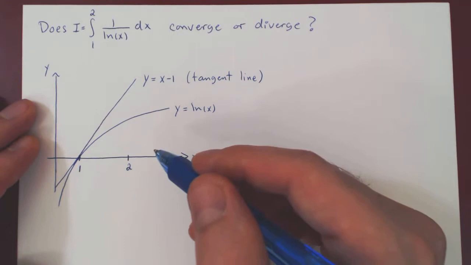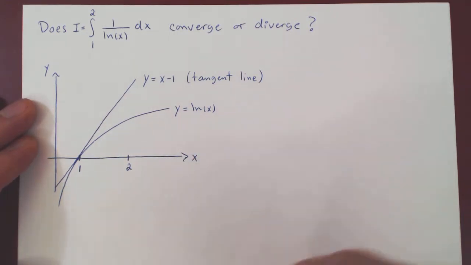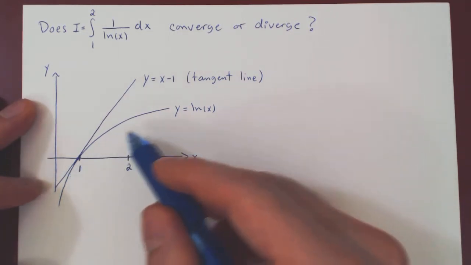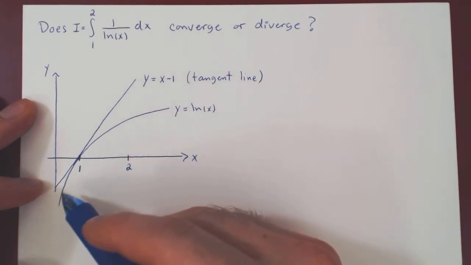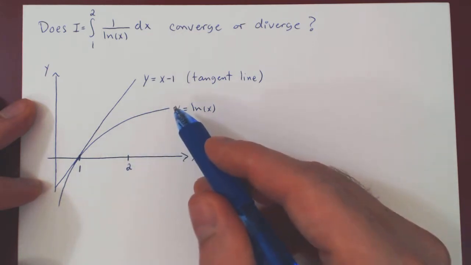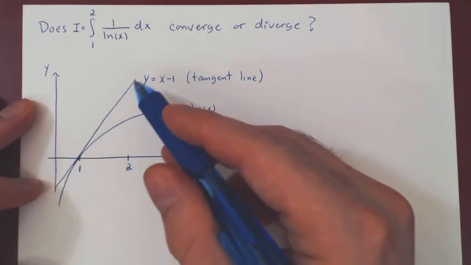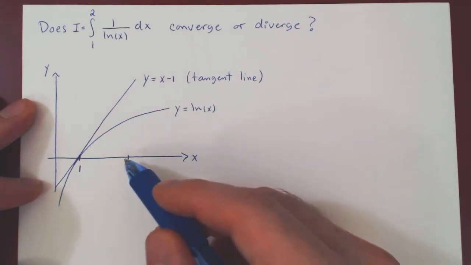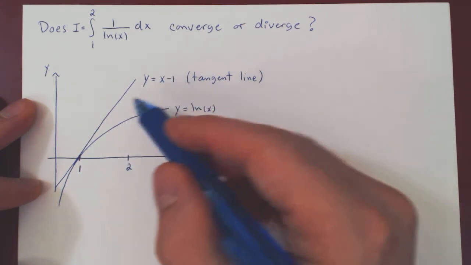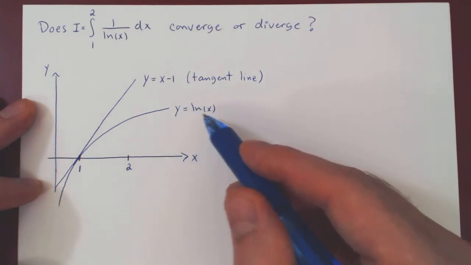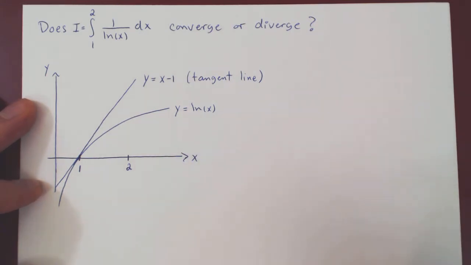And now we can make a very simple but key observation in this problem. Because ln of x is concave down, we can clearly see in the picture that from 1 to 2, the tangent line lies above the actual curve ln of x.